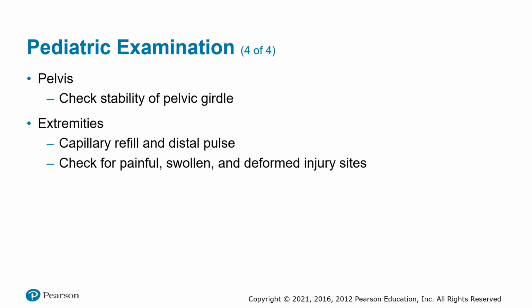You're going to push down and in, which is kind of an antiquated deal because it really doesn't tell you anything anymore. It's just check the pelvis. If it feels unstable, then we may have a pelvic fracture or something like that. Extremities, cap refill and distal pulse, check for painful, swollen, and deformed injury sites.